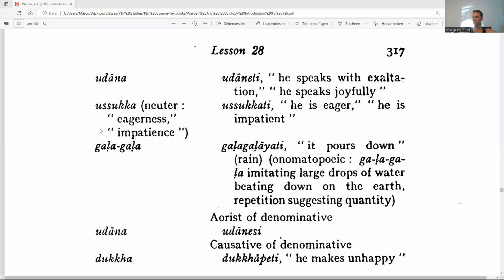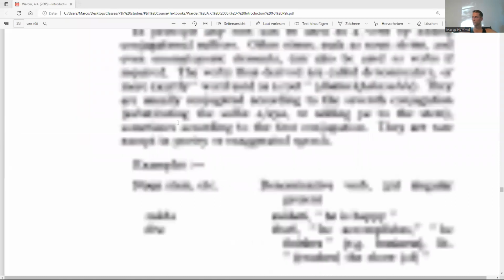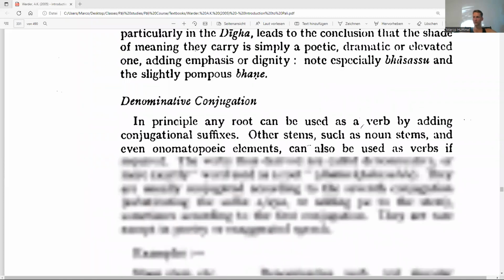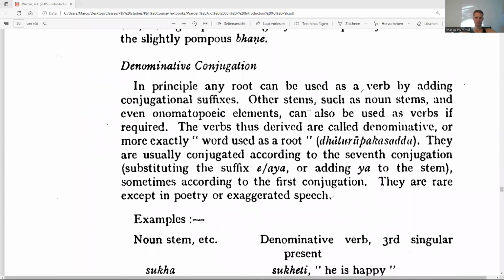We start off here. We start with the denominative verbs, or in Pali also called the Dhaturupaka Satta. So, a word used as a root. In principle, any root can be used as a verb by adding conjugational suffixes.